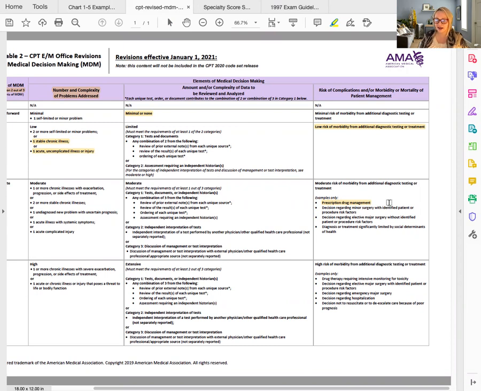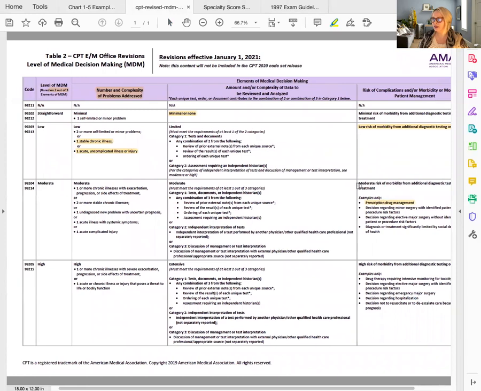They did assess the hypertension and say that it was stable and determine that it was okay to continue with the current regimen. However, even with stable hypertension or a chronic condition, any decision about the medical treatment is always going to be counted under prescription drug management when a prescription is involved. So that would make this a moderate level of risk rather than the low.